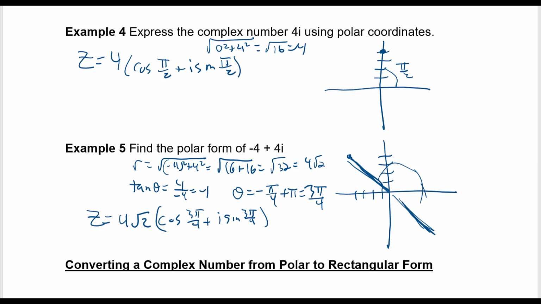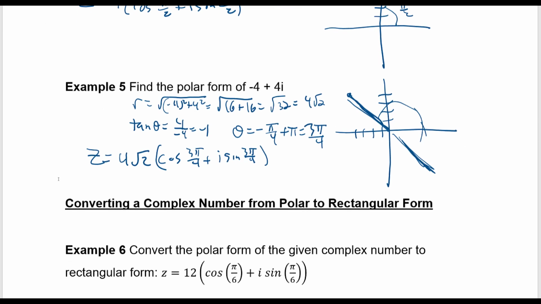You could also, if you wanted to go back the other direction to check this, say 4 times the square root of 2 times cosine of 5 pi over 4, which is negative square root of 2 over 2, and sine of 5 pi over 4 is negative square root of 2 over 2.